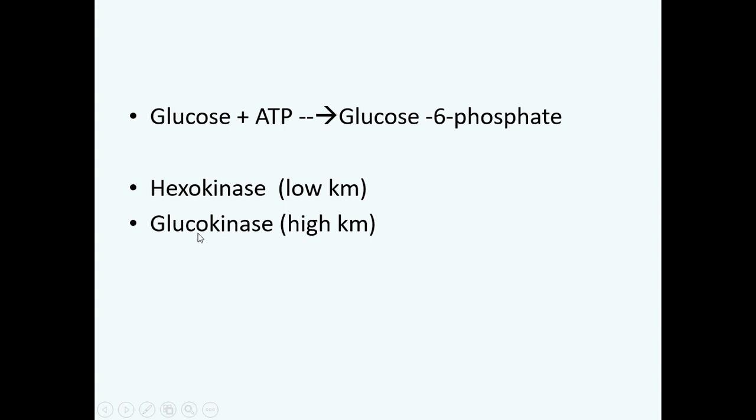This is another enzyme which carries out the exact same chemical reaction. This enzyme is mainly found in the cells of the liver, the hepatocytes, but this enzyme has a high Km for glucose. So that means when the concentration of glucose is more and hexokinase is unable to utilize all that glucose because it is already saturated, at high concentration of glucose glucokinase comes into play because this enzyme needs high concentration of glucose in order to carry out the reaction.